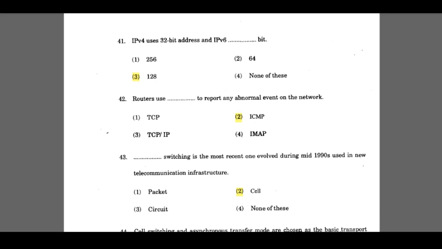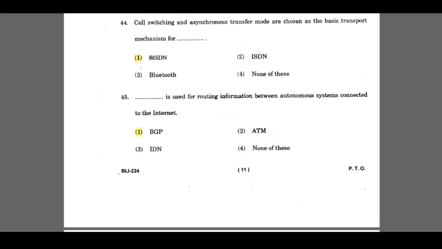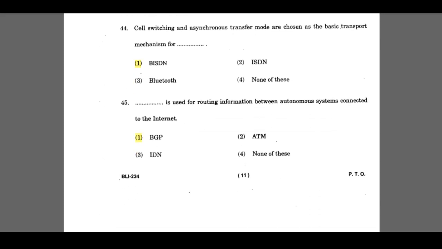Dash switching is the most recent one, evolved during mid-1990s, used in new telecommunication infrastructure. Cell. 44. Cell switching and asynchronous transfer mode are chosen as the basic transport mechanism for BISDN.